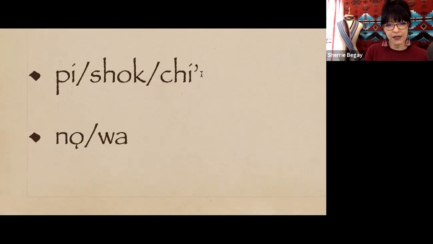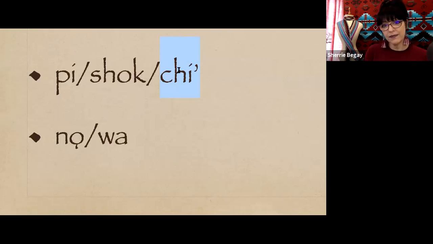Okay, let's look at this one. We didn't do this last time. This one's pishokchi. Pishokchi means milk. If you divide it according to the rules we already went over, you end up with 3 syllables. Okay, so we're going to ask ourselves, does this one end in a short vowel?